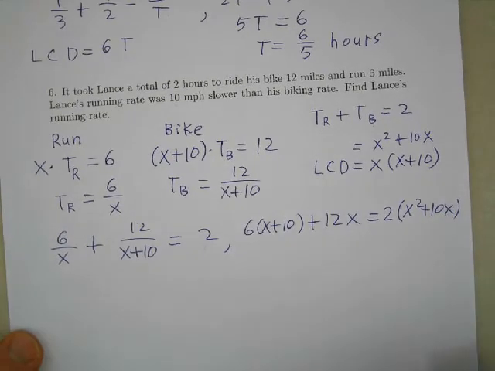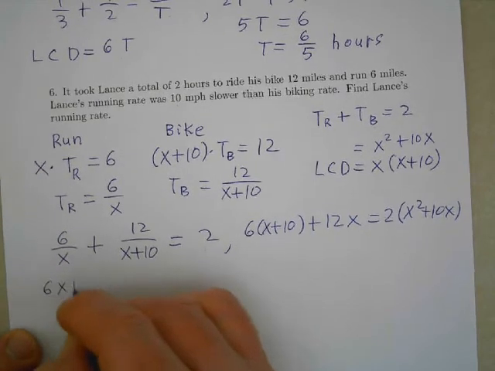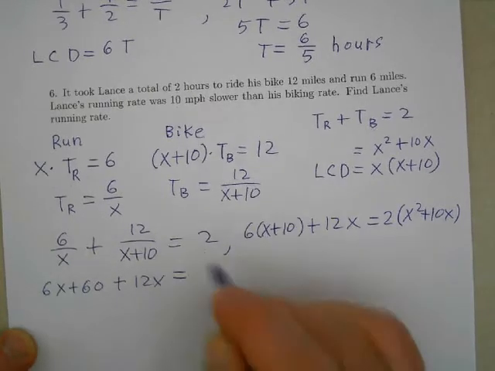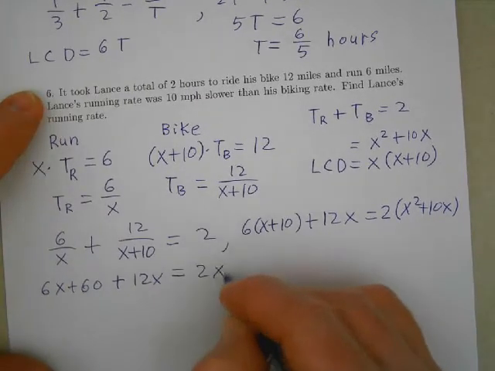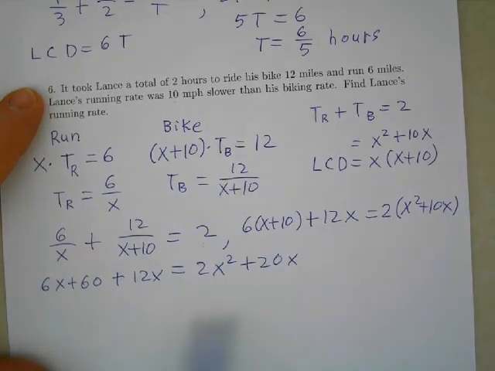Then we'll do a little bit of algebra and arithmetic. 6 times x plus 10 is 6x plus 60, and then plus 12x, and that's equal to 2x squared plus 20x. We'll combine like terms.